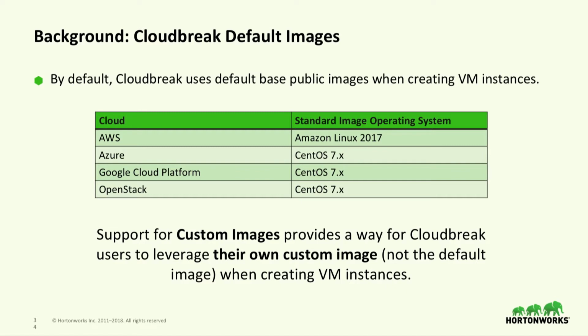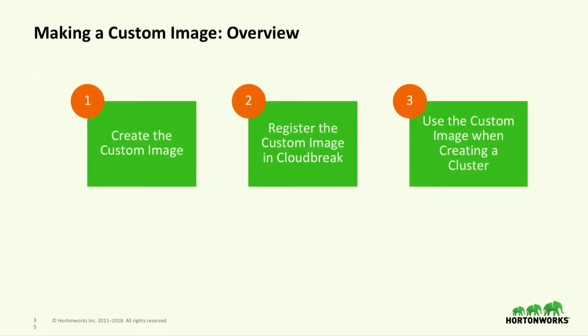What if they do want to go with RHEL, or they want to go with Debian, or I don't know. So that's how custom images come into the picture to solve this issue. It's a 3-step process. You have to create your custom image, you have to register your custom image to be able to use it in Cloudbreak, and afterwards you can launch your cluster with that exact custom image.